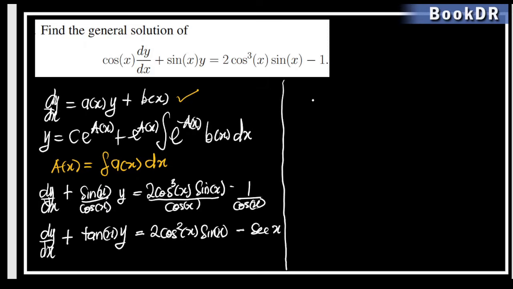Then we arrange it in such a way that dy/dx becomes the subject of the equation. So dy/dx will be equal to −tan x multiplying y + 2 cos²x sin x − sec x.